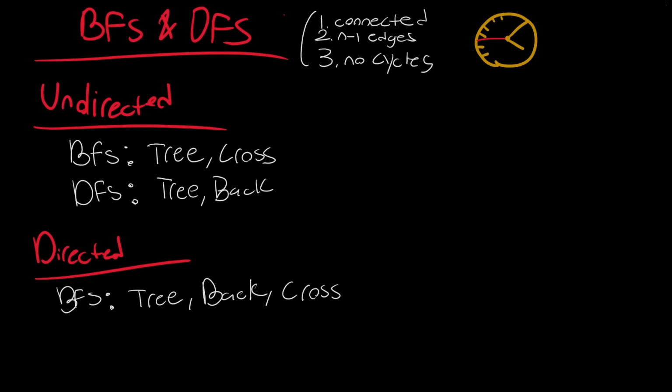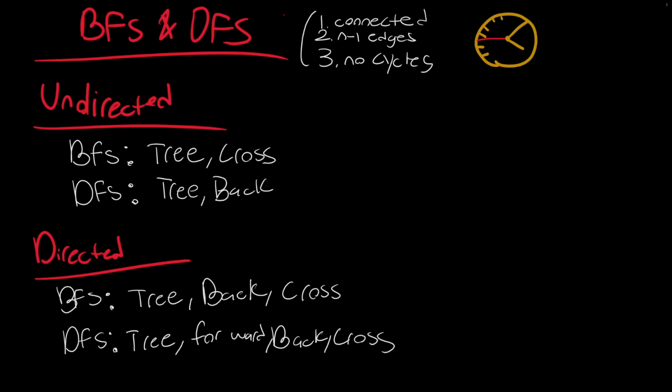No forward edges. For DFS, we have the whole shebang. We have tree, forward, back, and cross.